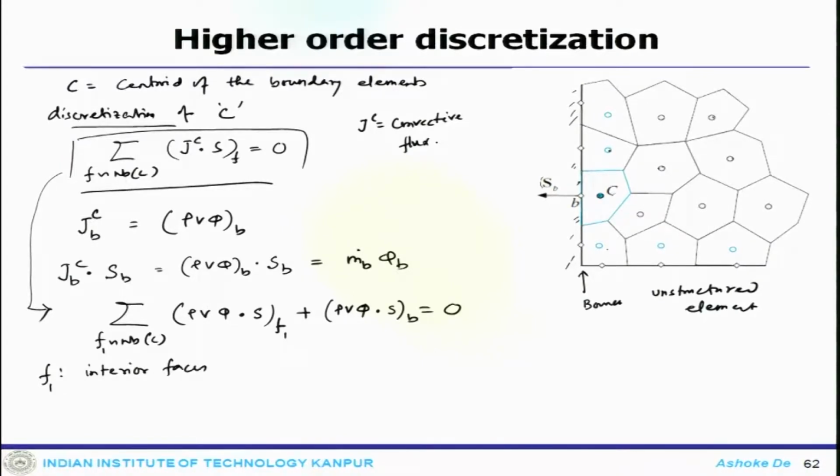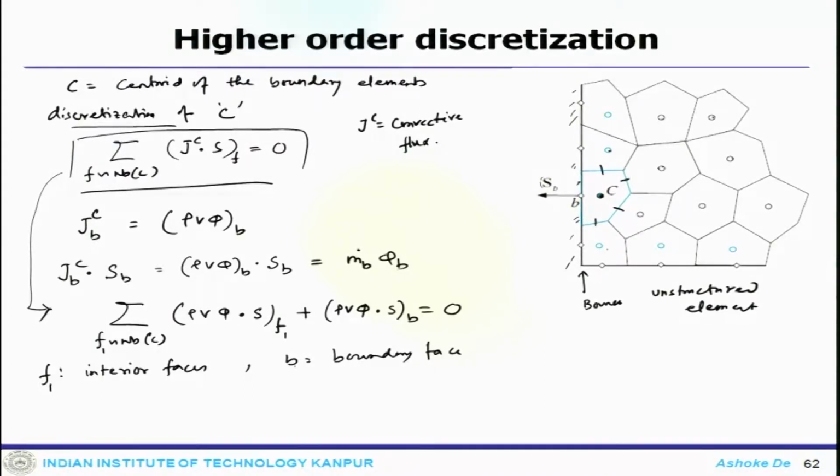For this particular element C, this one, this one, this one and this one are the interior faces, and the fifth face is the boundary face.